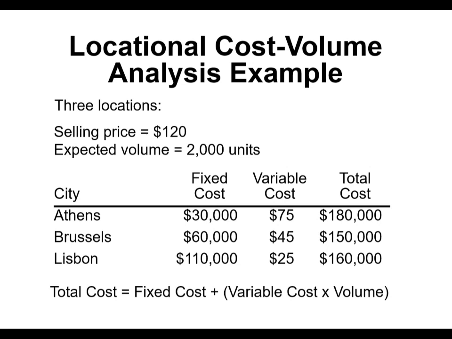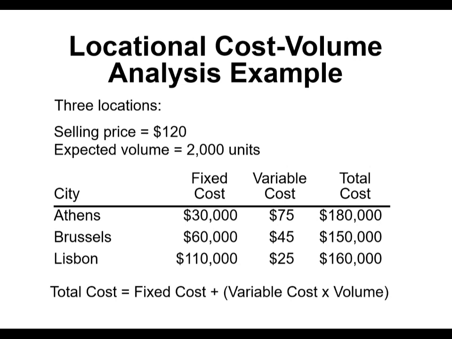So put all this in the equation of total cost. So TC, the total cost, equals the fixed cost for Athens 30,000 plus variable cost 75 times the volume X. That is the equation for Athens.